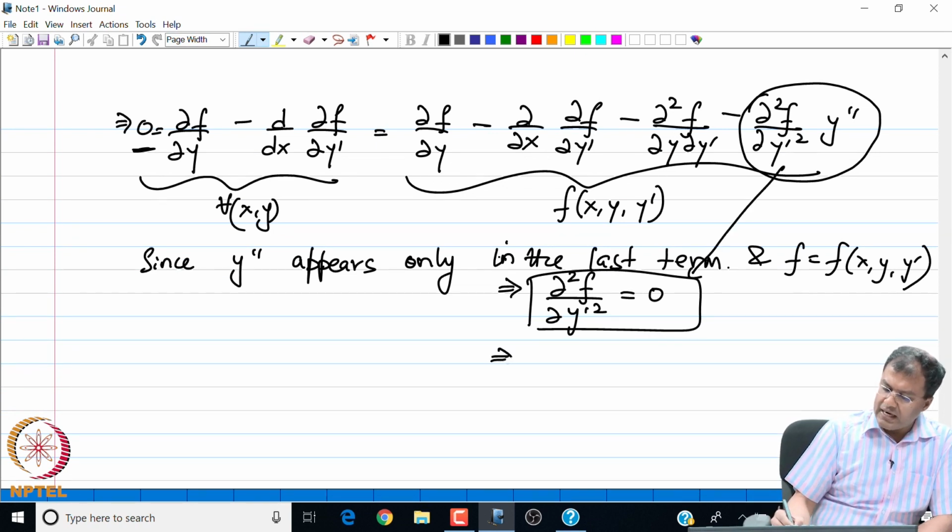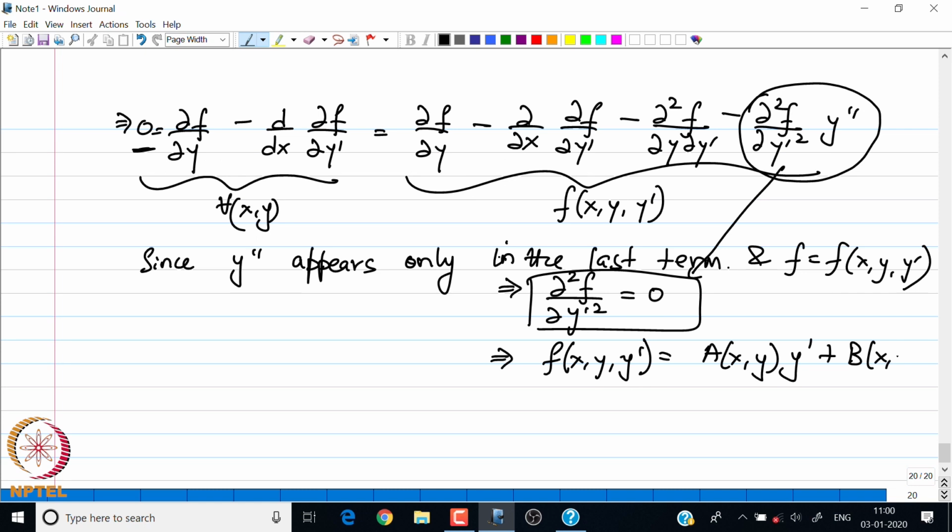So, from here I can directly deduce that f of x, y, y prime is a linear function of y prime, right. So, that comes right away, and further, since I have set this equal to 0, the rest of the quantities will also be 0.